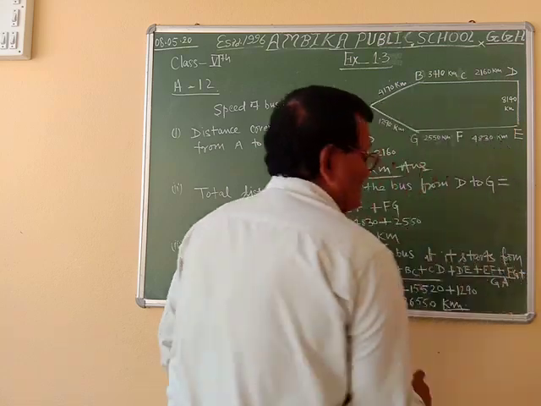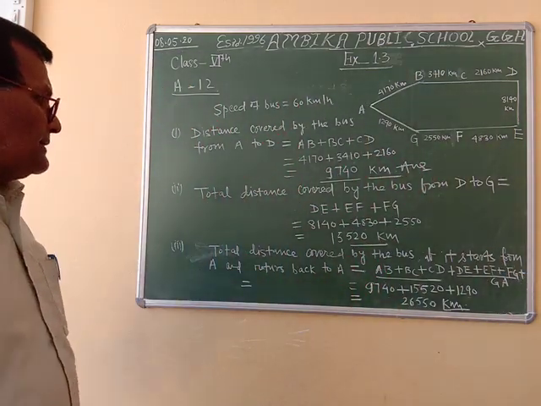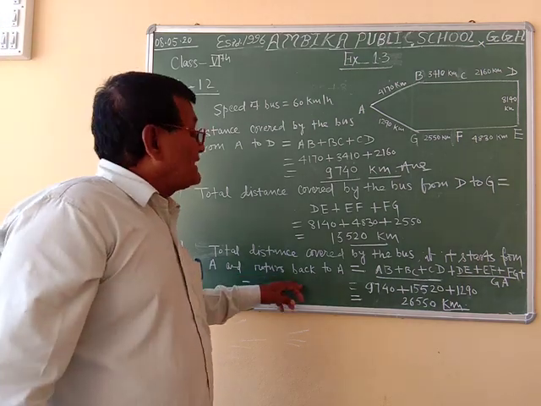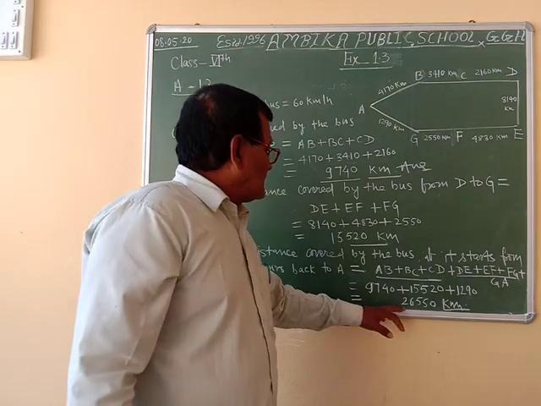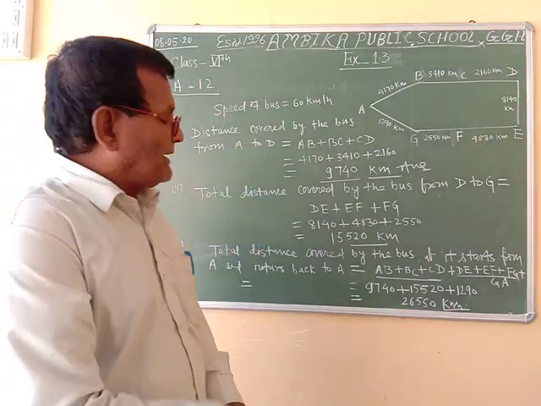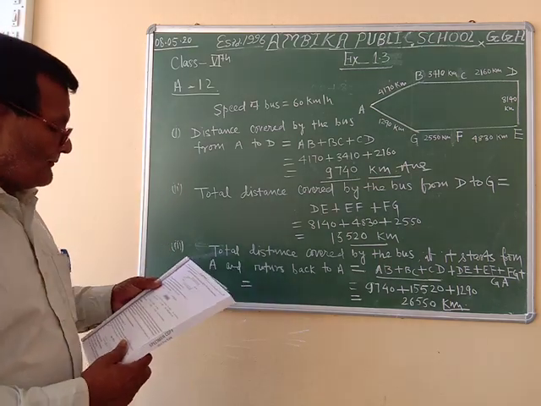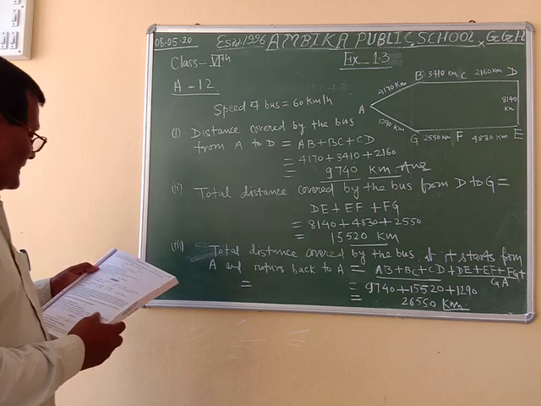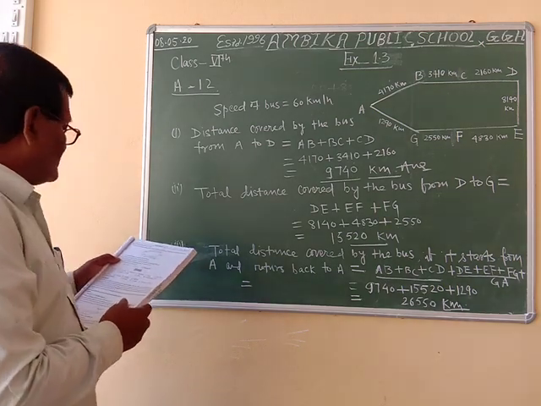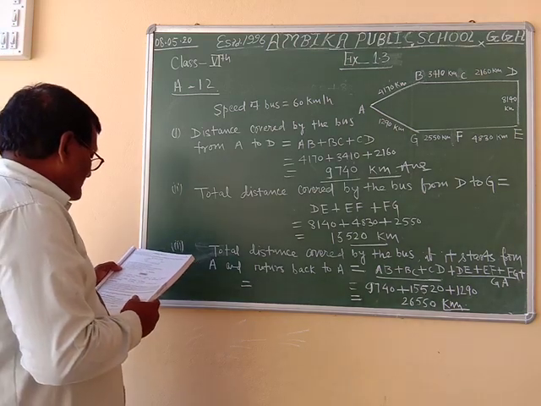Total distance covered by the bus if it starts from A and returns back to A is 26,550 kilometers. So all three answers of question number 12 have been completed.